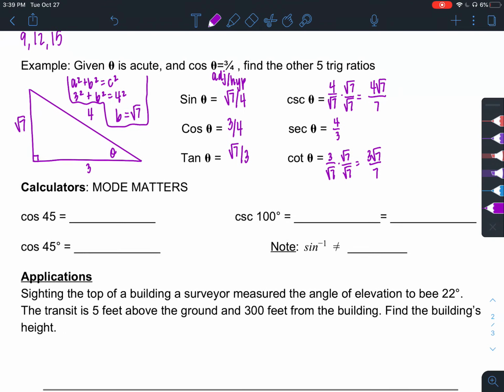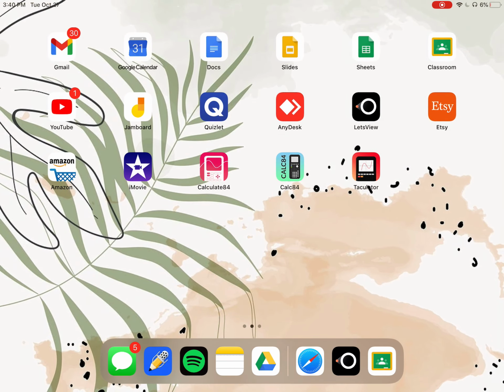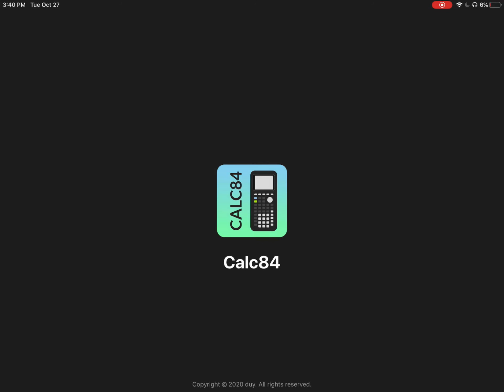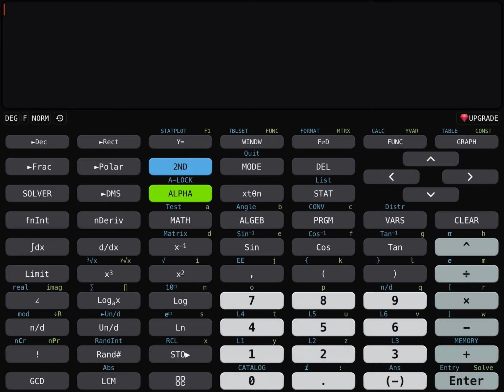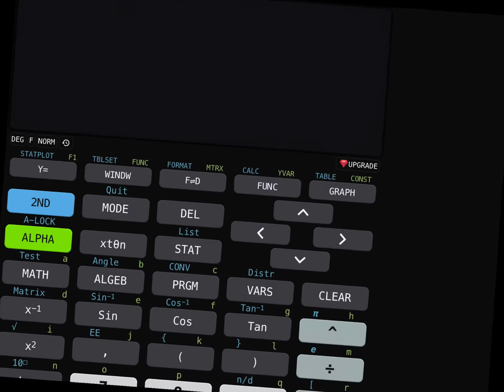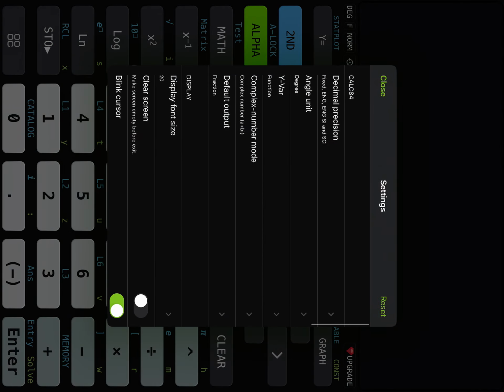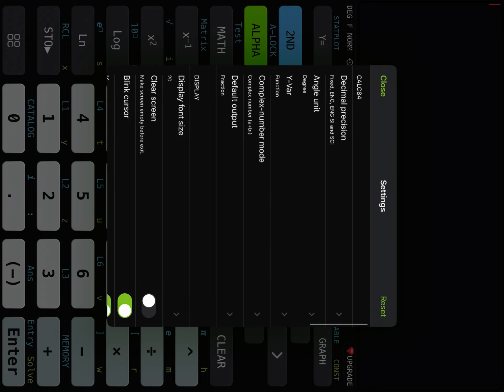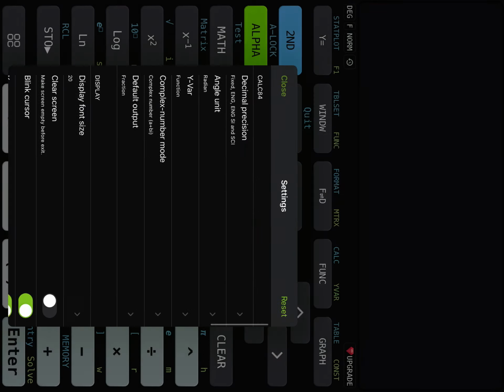Alright, this is just a note that mode matters here. So if we were to go to our calculator, I'm going to go to my mode, and yours maybe looks a little different than mine, but you're going to go to your angle unit, and I'm going to put it into radians because that's what it's in right now.